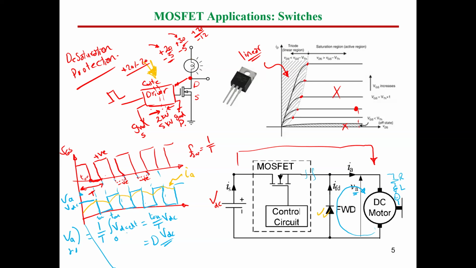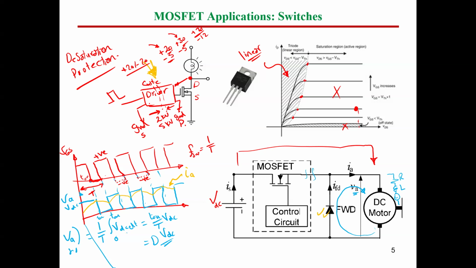Later on, we will discuss in more detail the driver when we have one class to discuss the projects and how you can design these topics in the project. We will elaborate more on how you can design your gate driver and perform the MOSFET operation in the linear region.